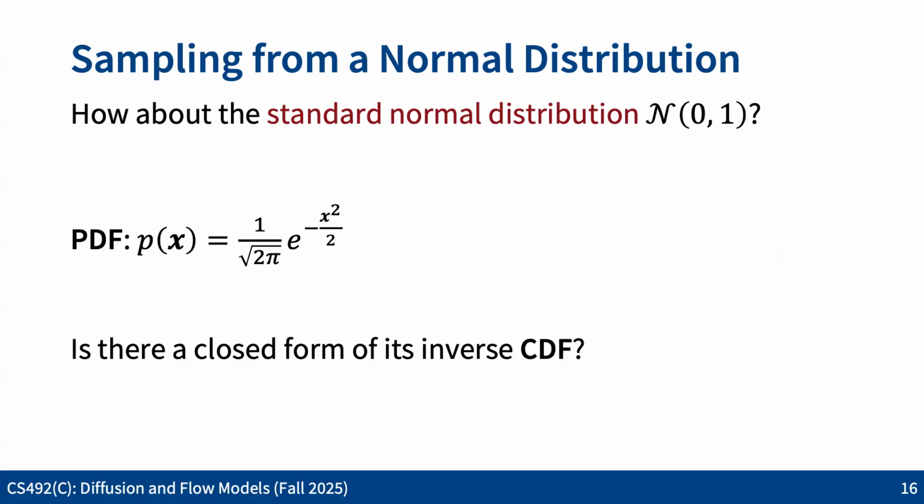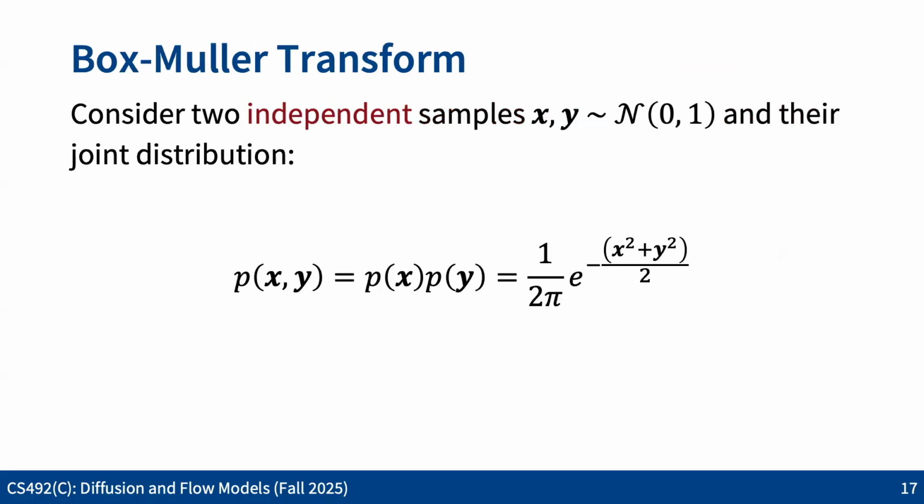So what should you do? There are lots of ideas, but I'm just going to give some basic ideas very briefly. For example, say we have the standard normal distribution, and now we are taking not only a single sample, but two independent samples, X and Y, both coming from the same standard normal distribution.